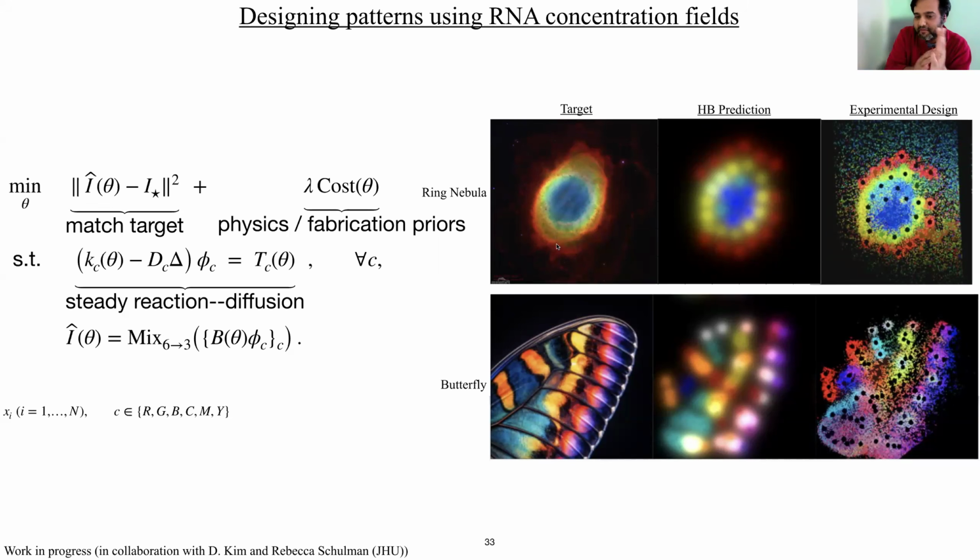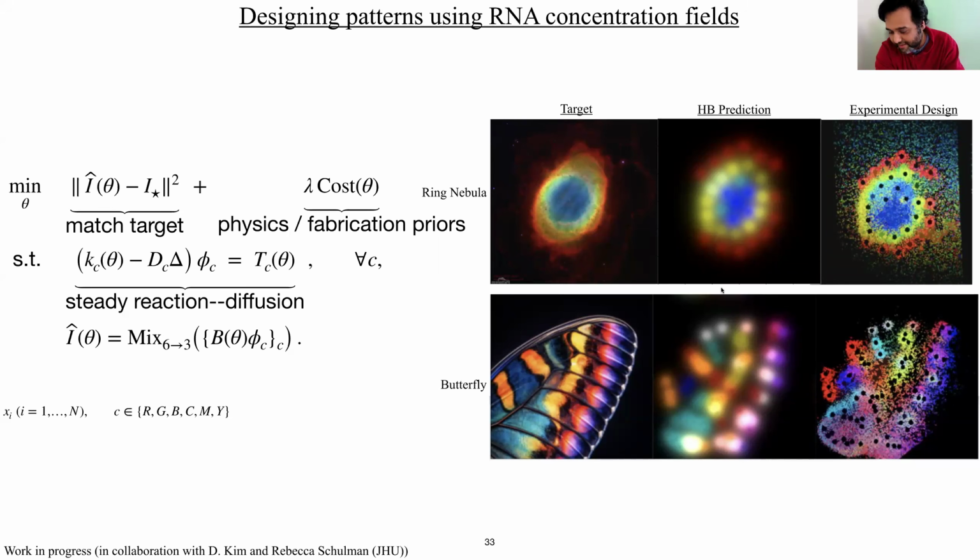So basically, you have a mapping from a 6-dimensional PDE to a 3-dimensional PDE, and then you want to find an optimization problem such that you put the hydrogels in a manner so that the pattern is best represented. In this case, one is a galaxy and one is a butterfly, and you want to make these patterns using these kinds of numerical methods. This is work we are currently doing, and this is currently the result that you have right now.